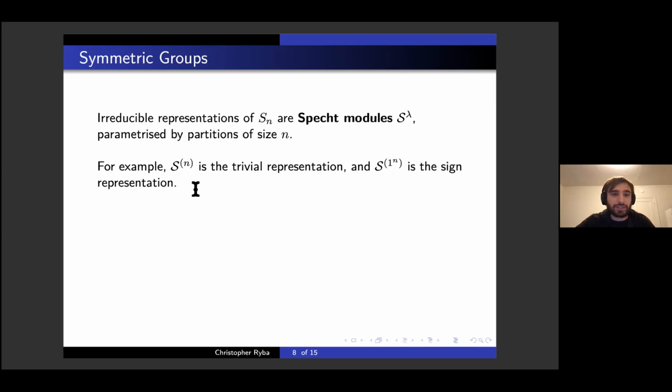And so according to the standard convention, if I consider the partition that has just one part, n, so diagrammatically, it would be one row with n boxes, that corresponds to the trivial representation. Whereas if every row has one box, so it's secretly a column, then that's the sign representation.